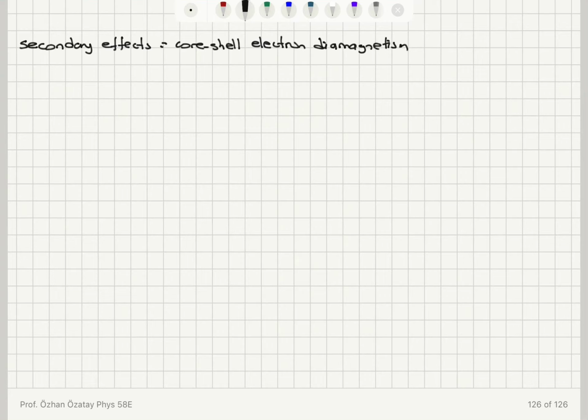We haven't considered any band effects, so electrons that are contributing to bonding that are in bands, what will be the effect of band formation on those electrons. Actually, the valence electrons are free, but basically these electrons that are residing in the bands will be in the lower energy levels. And also we haven't considered any electron-electron interactions.